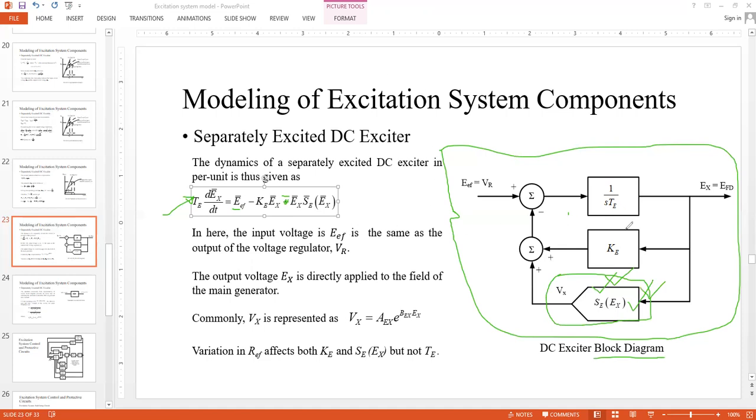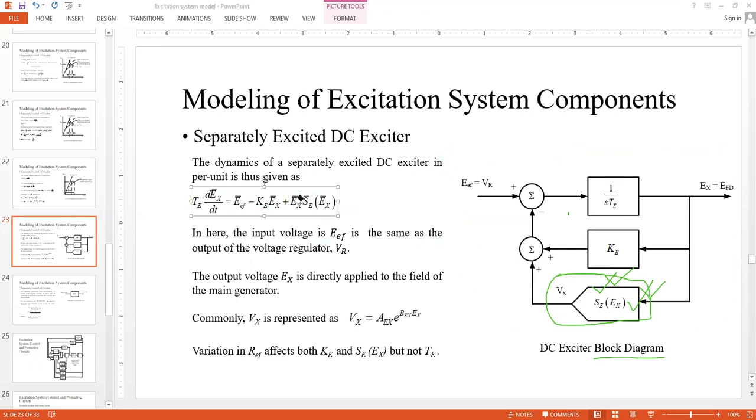So how to get this out of this? It's pretty simple. There's a minus, remember. So what we are doing, we are simply adding KEEX. KE is the gain. What is the input to the gain block? EX is the input to this gain block.